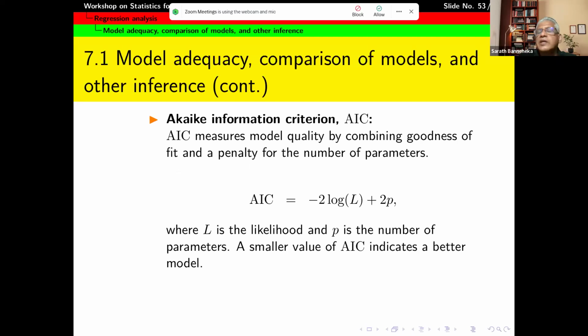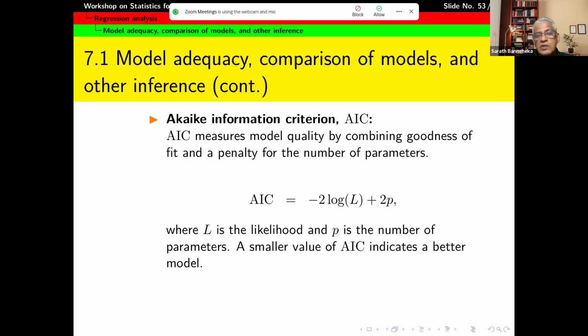One is called Akaike Information Criterion, AIC. These criteria are usually used when you are selecting a model out of several adequate models. The formula is given here, but for you that is not necessary. What you should look at is, when you're comparing two models, AIC values will be there.